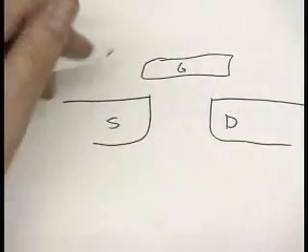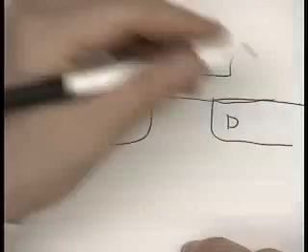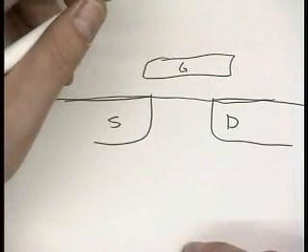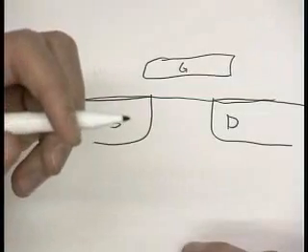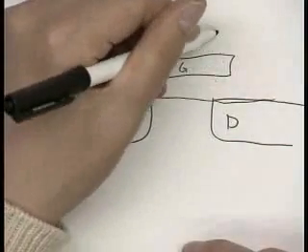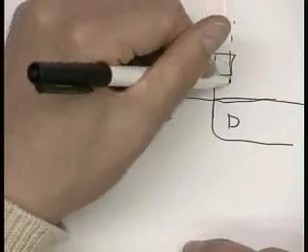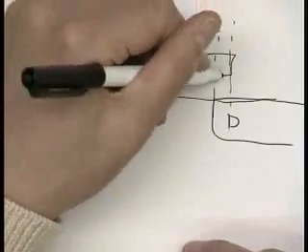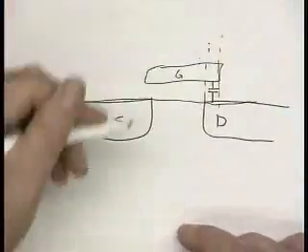So what is the actual physical mechanism that causes gate to drain capacitance? It's the fact that the gate and the drain overlap. So you've got some parallel plate capacitor here. Okay?